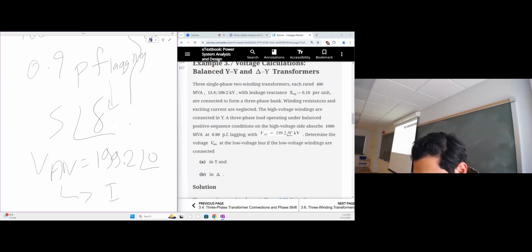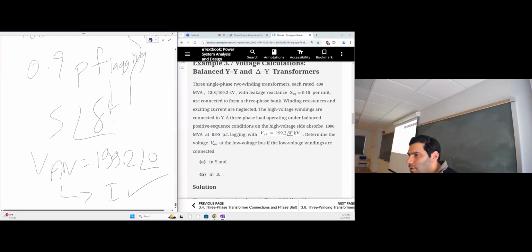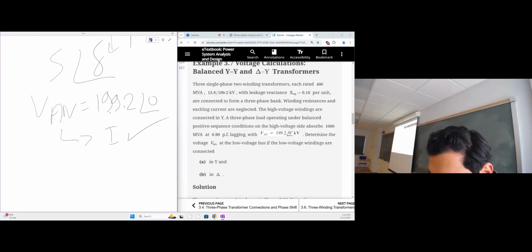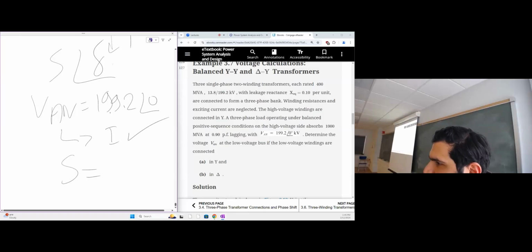Calculating the current is possible now. Okay, what's the rule which unites those two? S is equal to what? Okay, we're done. Because you have S, you have V, you could calculate I star.